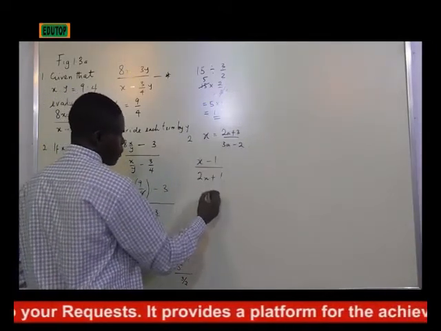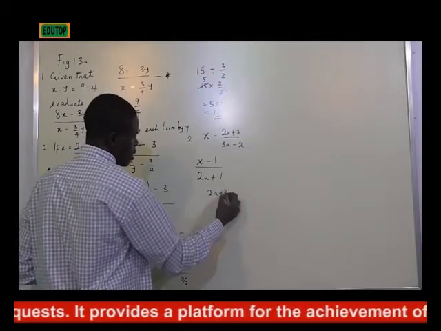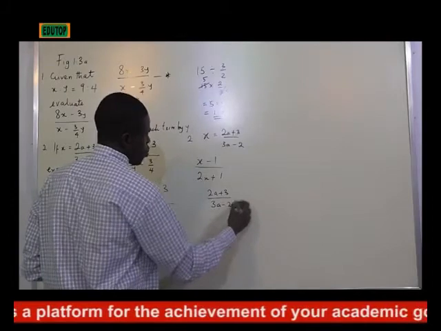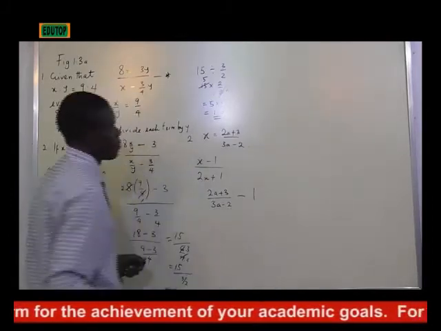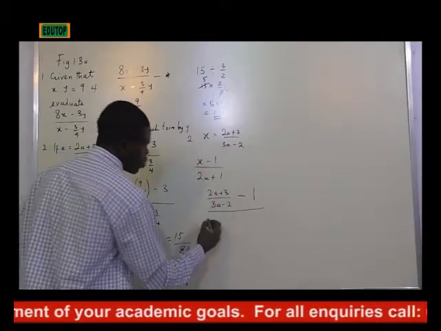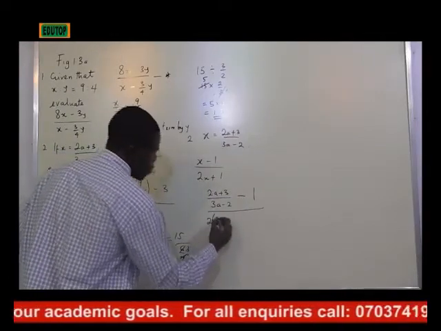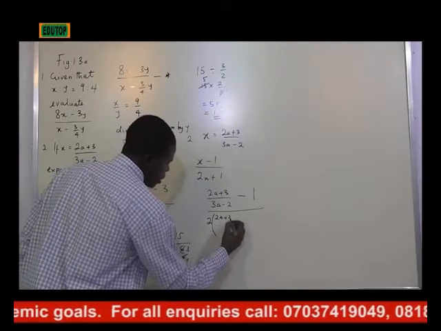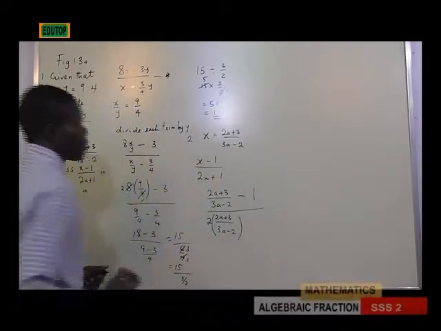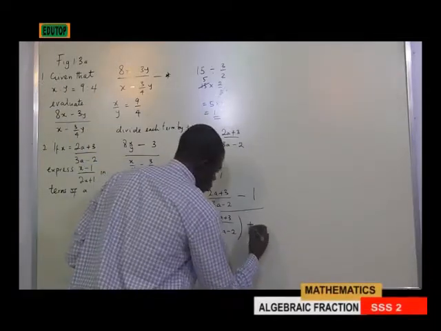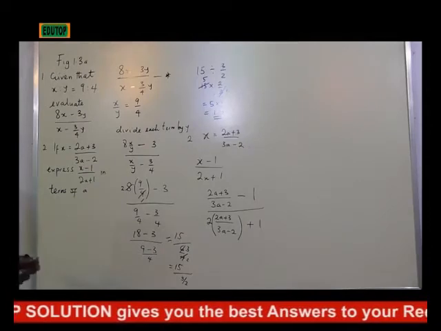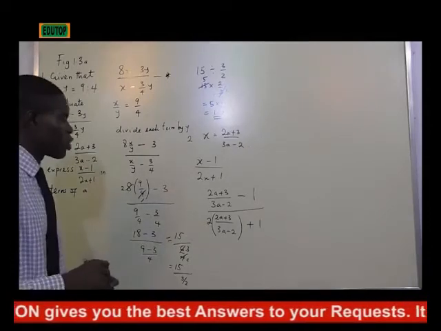This is x. I will have 2a plus 3 over 3a minus 2 minus 1 over 2x. That will be 2 into 2a plus 3 over 3a minus 2 plus 1. So I've succeeded in substituting the value of x into that expression.